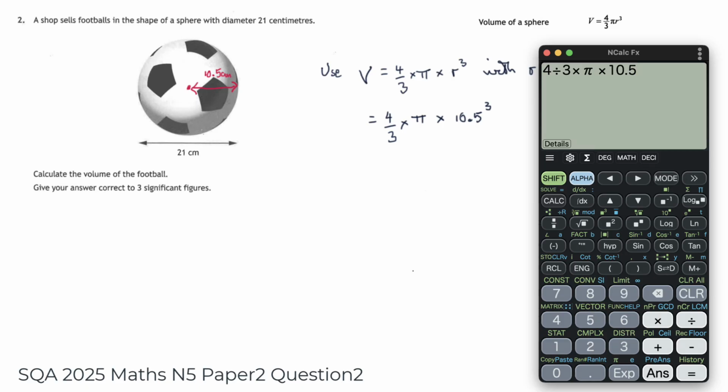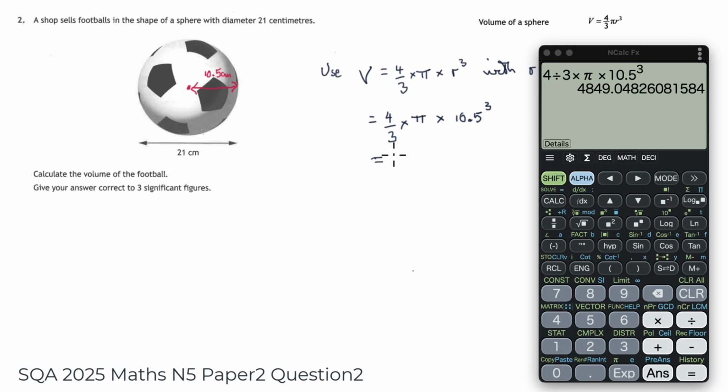Now, you'll know your calculator. I have a squared button. Some calculators have a cube button, but this is my raising to the power button here. And when I press that button, the display is asking me to fill in the power that I want to raise 10.5 to, which is 3. But you should know on your calculator how to get the cube of a number. So there it is. We'll finally press equal, and there's our answer.